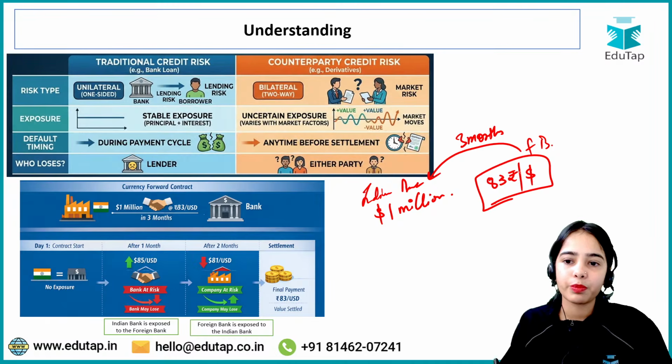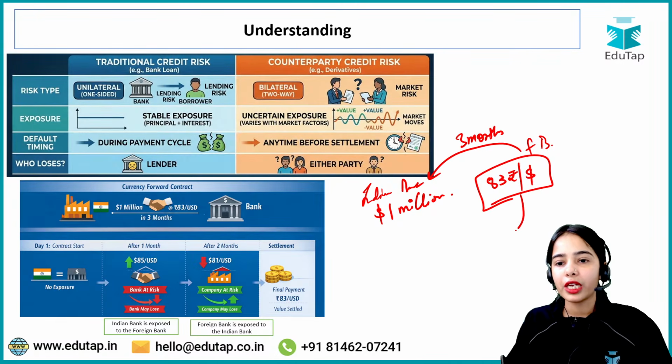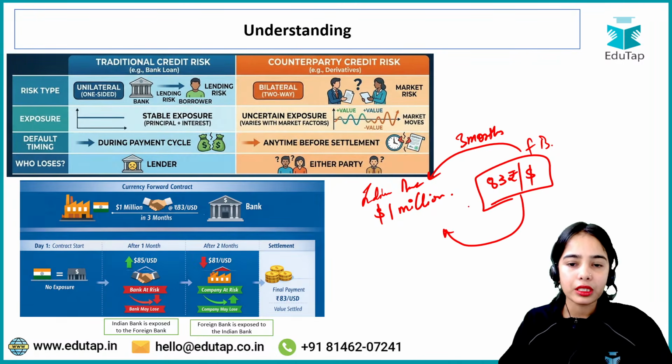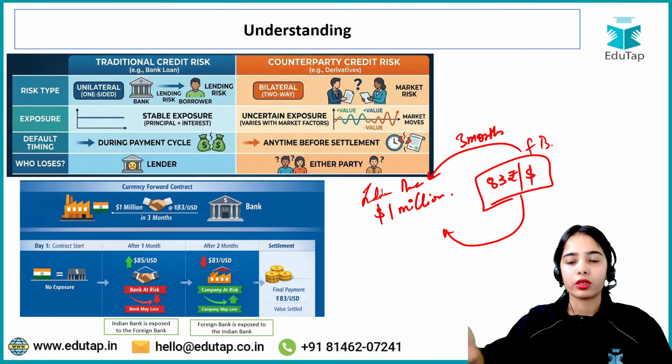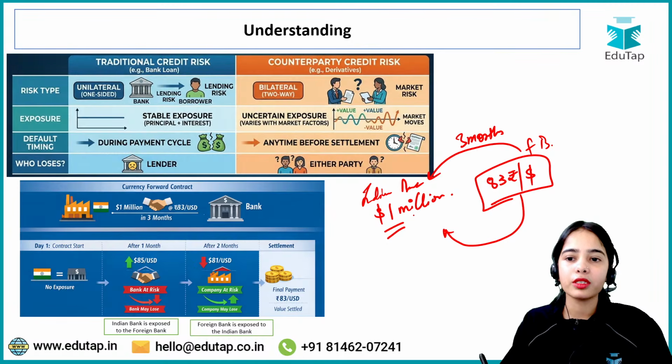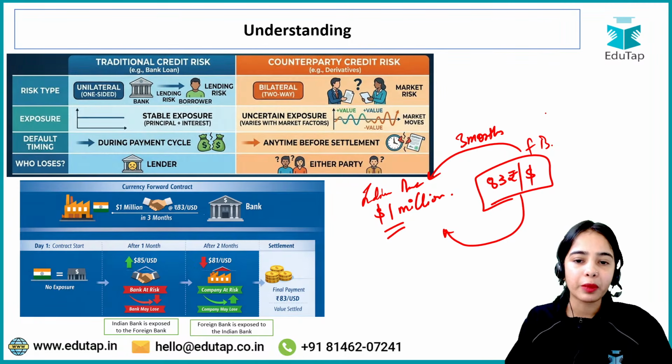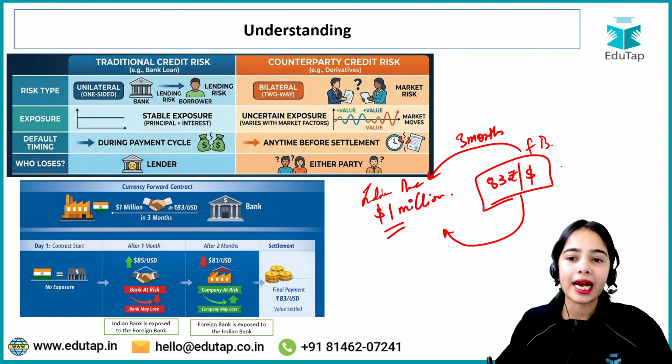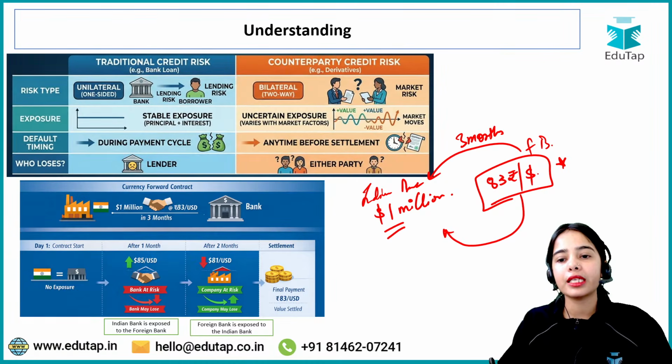So we will have to give 83 million rupees to get $1 million. This is the basic idea. Now this is a forward derivative contract.